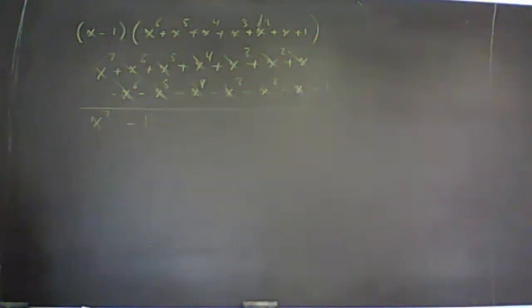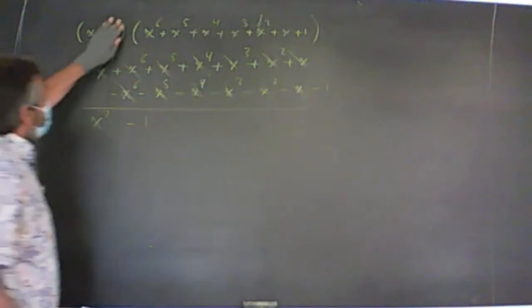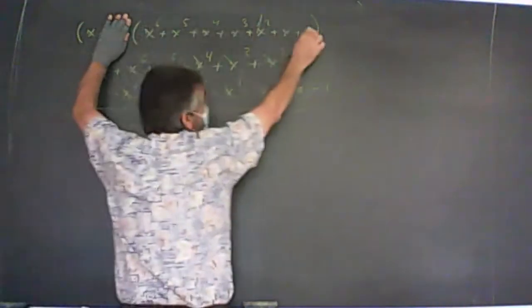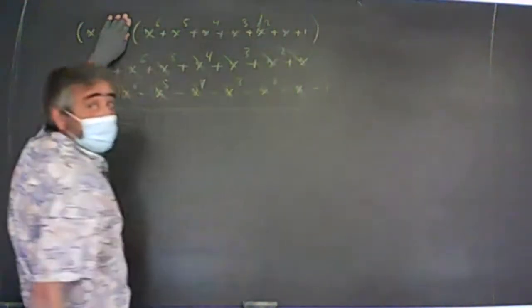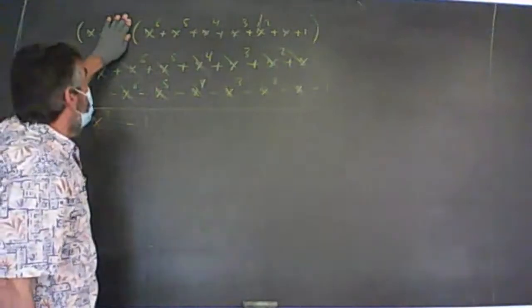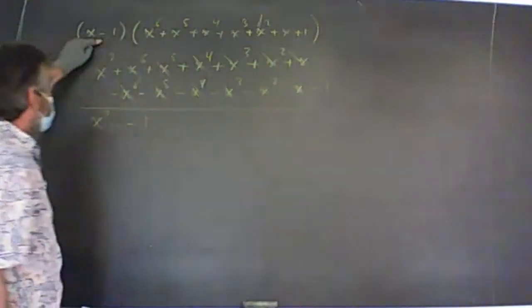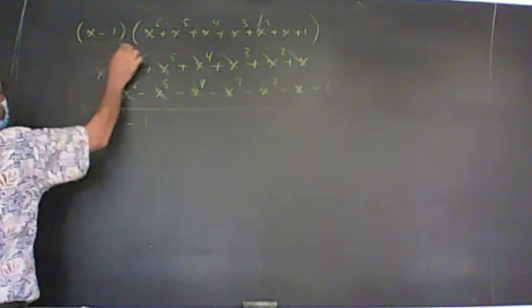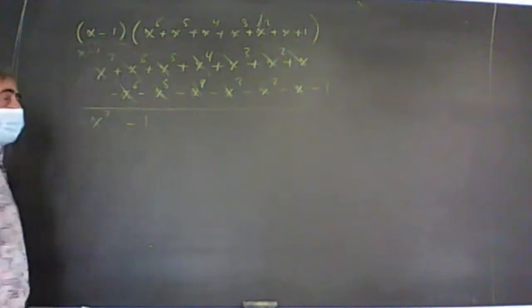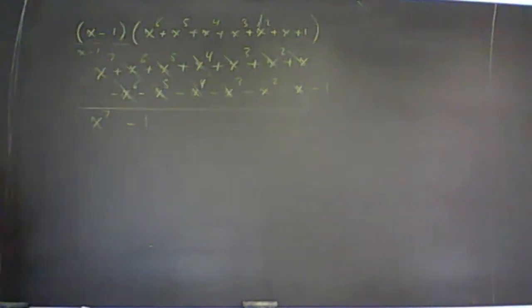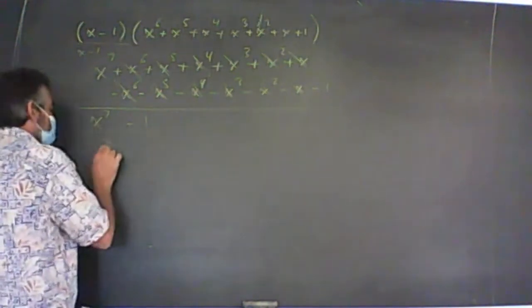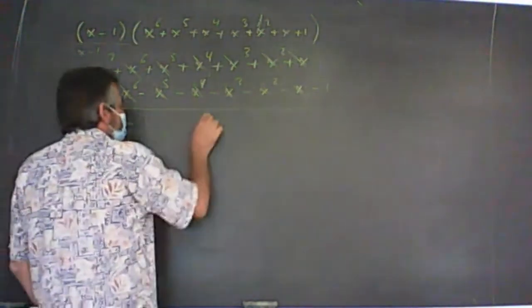Okay. So that's basically, if I have, say, this term by itself, and I multiply this term by that, and then I divide it by x minus 1, it's still the same thing, right? So if I put this over x minus 1, that's still going to give me the same.